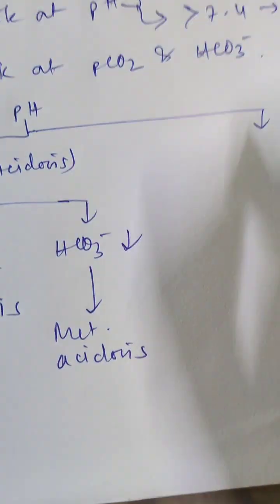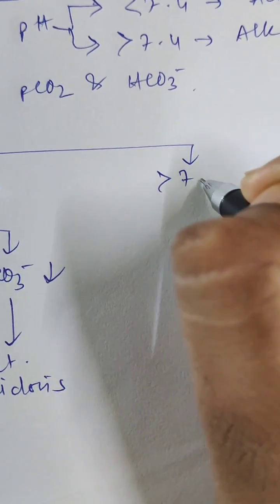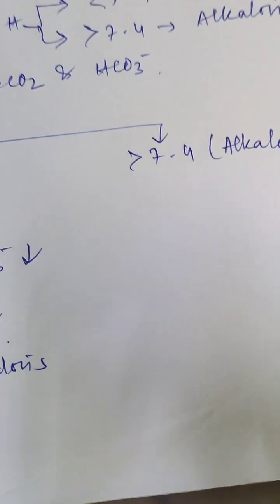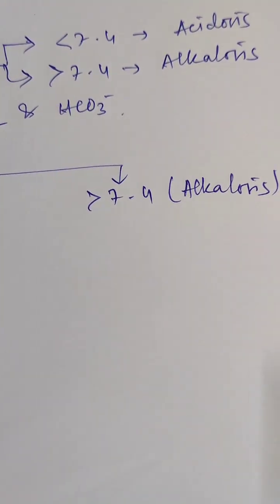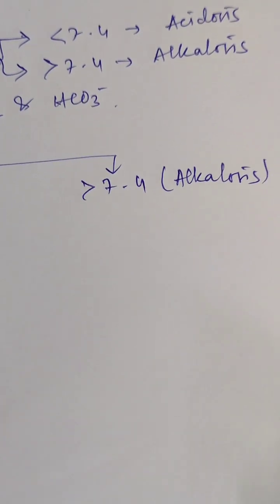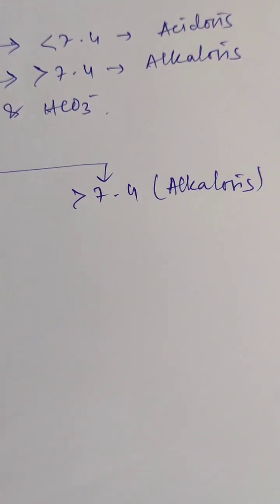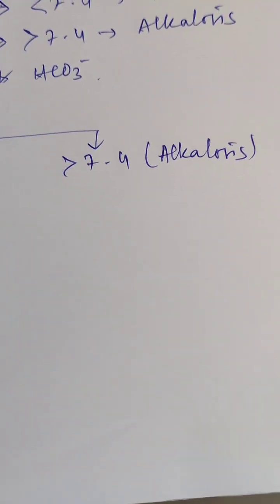Now if the pH is more than 7.4, that means it is alkalosis. Alkalosis means the base is more in the blood, or the acid is less in blood.